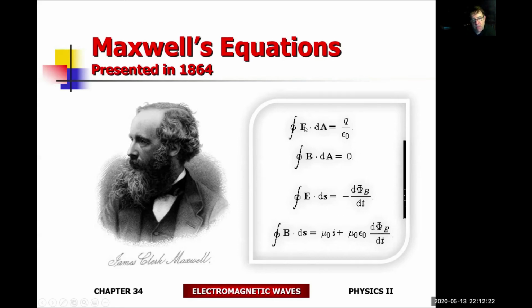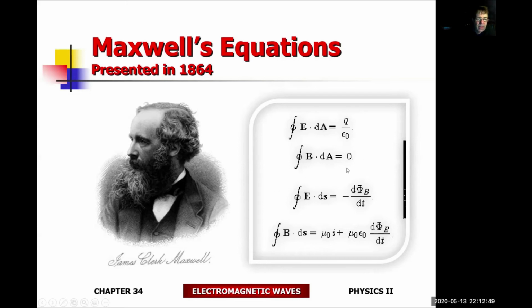The first one is Gauss's law. Simply stated, charge within the Gaussian region is going to be responsible for the electric field intercepted by the Gaussian surface. The second one is, once again, Gauss's law. The first one, the net charge within the Gaussian surface, is going to be responsible for the electric field intercepted by the area of that surface.